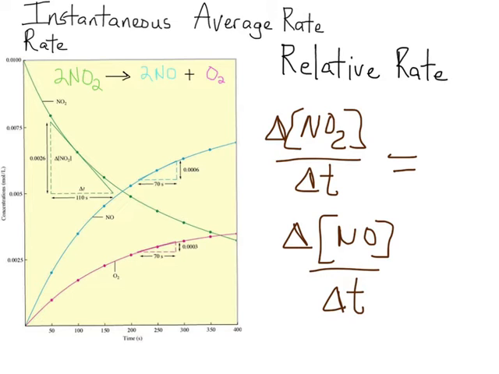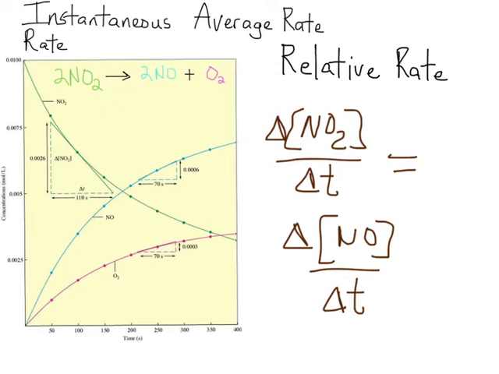Well, if you look at the balanced reaction, you see that every time I consume 2 moles of NO2, I generate 2 moles of NO. Or seen on the graph, the curve of the NO2 is going away as fast as the curve for NO is growing in. So this is relative rate information. For every 1 mole of NO2 that goes away, I generate 1 mole of NO. Pretty straightforward.